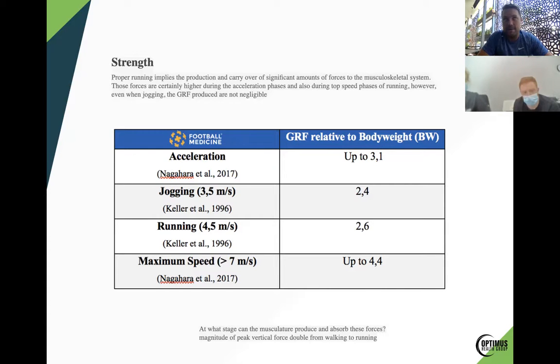And this is where I want you guys to be really focused. When you're doing hopping exercises, just know that you're probably working on the acceleration aspect of that, up to 3.1 times ground reaction force relative to body weight, compared to just jogging in a straight line.